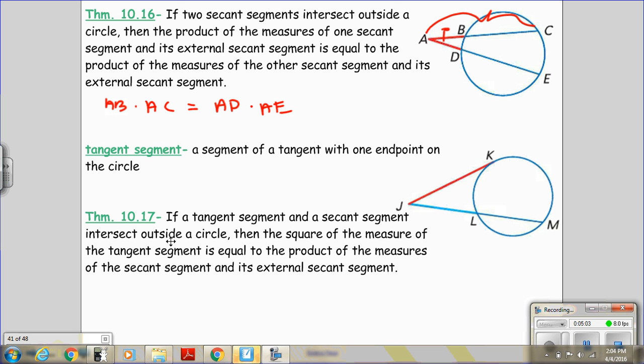A tangent segment is a segment of a tangent with one endpoint on the circle. We mentioned this a couple days prior, but this is just to remind you of the definition of a tangent segment. So on the illustration at the right, JK would be a tangent segment.